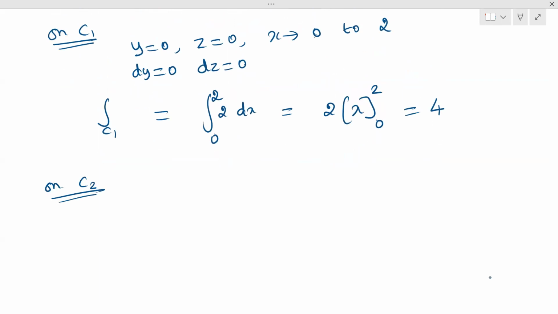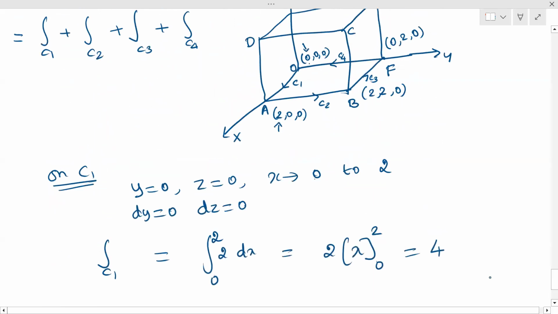The second line is integration along C2. C2 is this one. Here y varies from 0 to 2 and x equal to 2 and z equal to 0. See this line AB. What are the points?